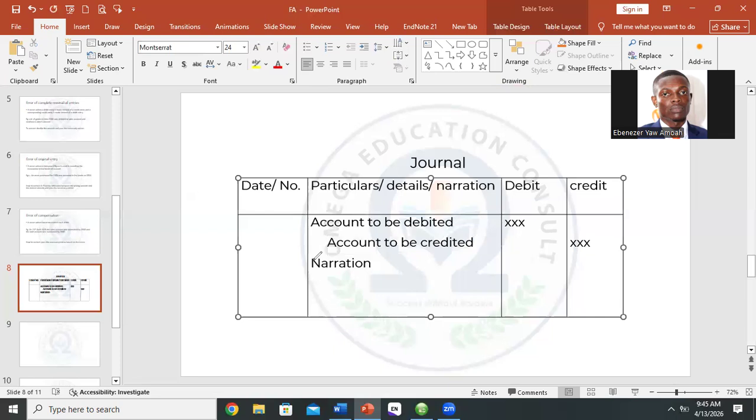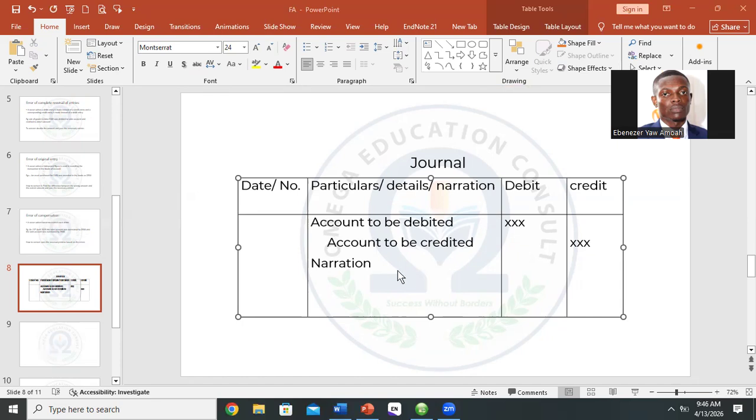You see some indentation here. So they shouldn't be on the same line, or you'll be losing some precious marks. So always indent away from the account that has been debited. If you ask me why, I think it's for presentation's sake, to make your presentation look more presentable.